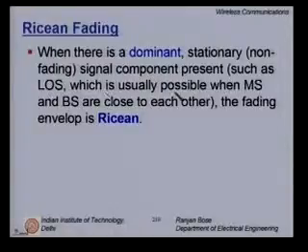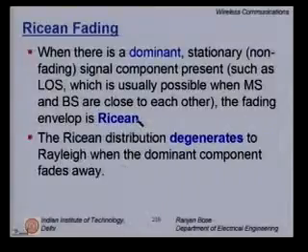is usually possible when the mobile station and base station are relatively close to each other, the fading envelope is not Rayleigh but Riccian. Now the Riccian distribution slowly degenerates to the Rayleigh distribution when the dominant component fades away.